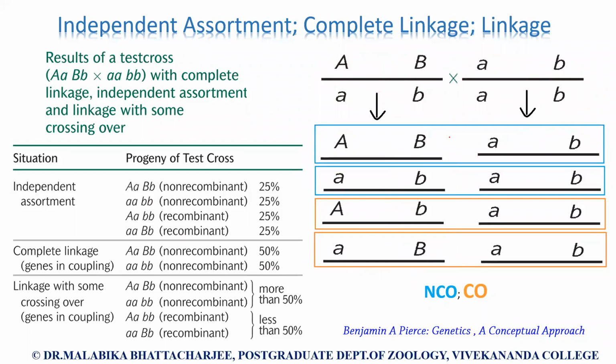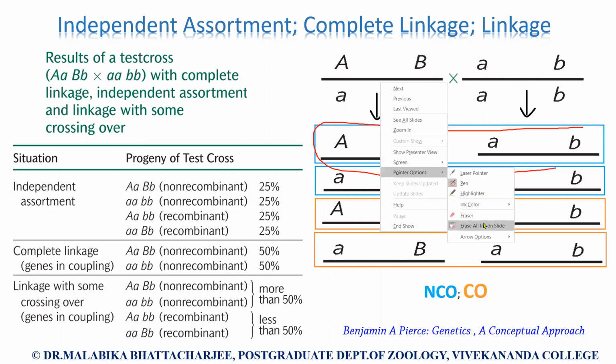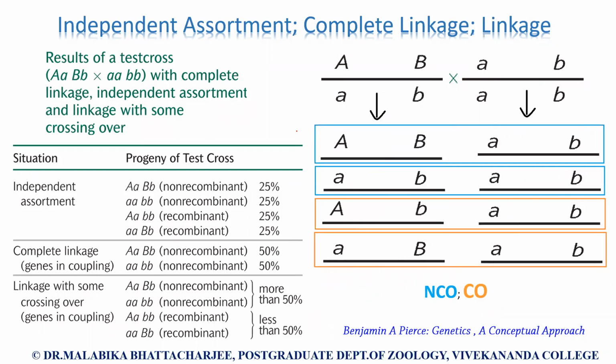Now if you compare, when the two gametes fuse, this is one individual. So the blue box is one individual. When these 2 gametes fuse, this is another individual. These individuals are known as parentals or non-recombinants. Why are they called non-recombinants?